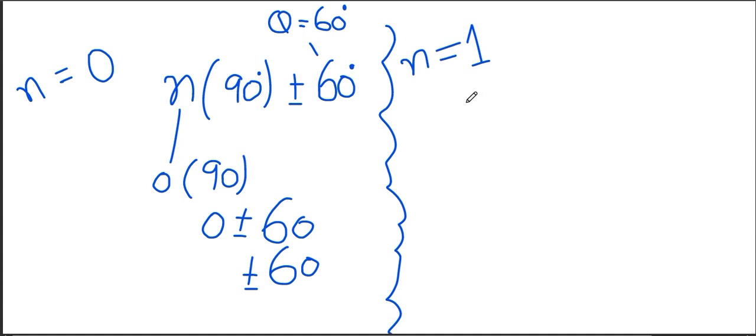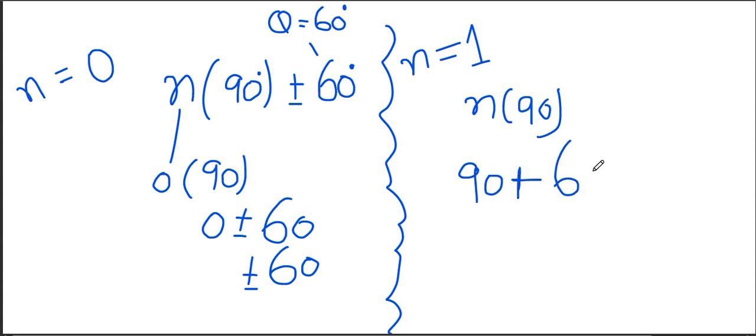n multiplied by 90, and n is 1, so it will give me 90 again. 90 plus and minus 60. We'll add it first, and that will give me around 150. On the other hand, if I subtract the same value, that will give me 30 as my answer.